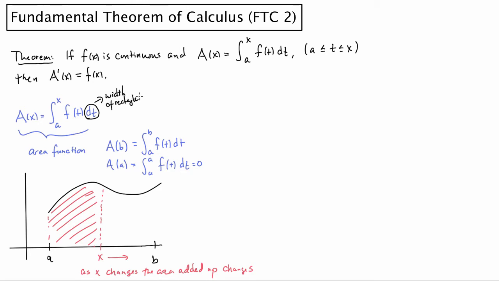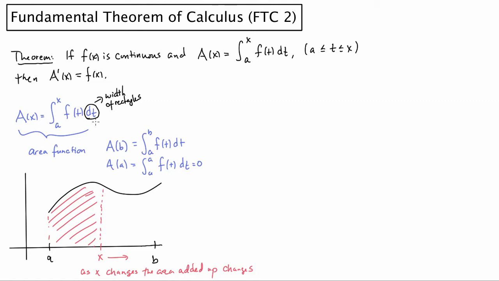It's the infinitesimal width of the rectangles. The way that we should interpret this is that I'm just giving that a name. I called it delta x in a previous video. I'm just going to call it delta t or dt this time. It makes no difference what I call it.